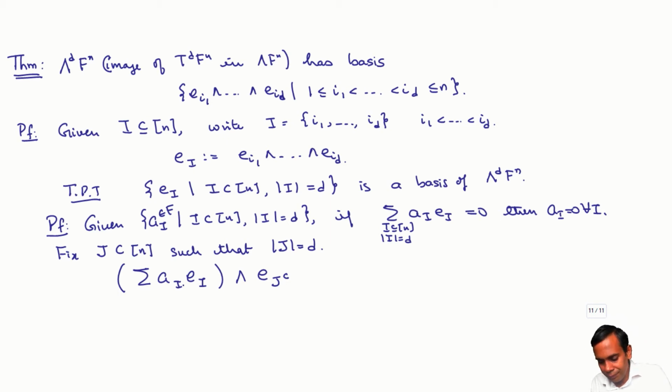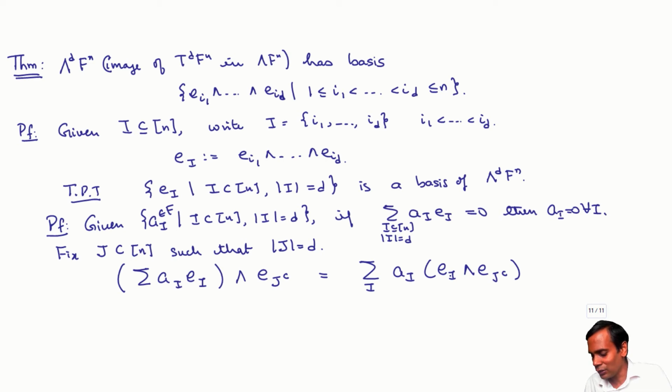So let's look at this element. This is equal to summation over I, using distributivity, a_I, then E_I wedge E_J complement. Now if I is not equal to J, then I being a subset of size d and J being a subset of size d as well, so J complement is a subset of size n minus d, I will have at least one element in common with J complement, right?